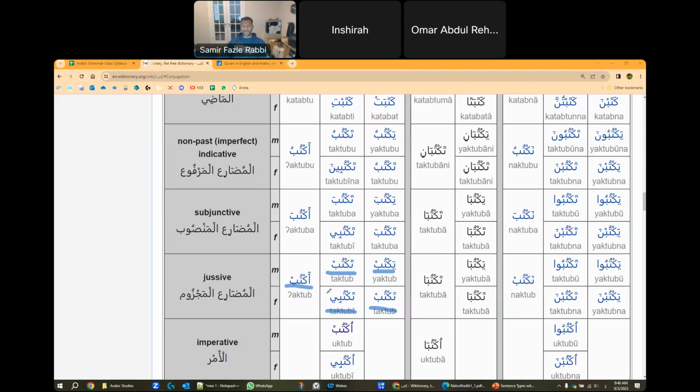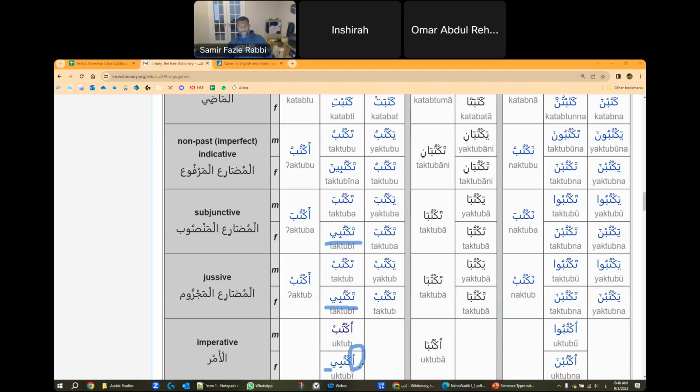In this particular case, what happened is we dropped the noon. Some things to notice real quick. This taktubi and the lan taktubi and lam taktubi are the same. What happens is we just drop the noon. And if you notice from this imperative fi'l amr, that's also kind of what happened at the back here.